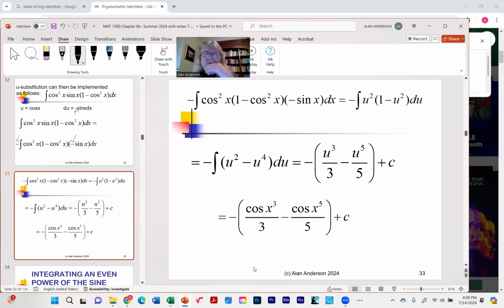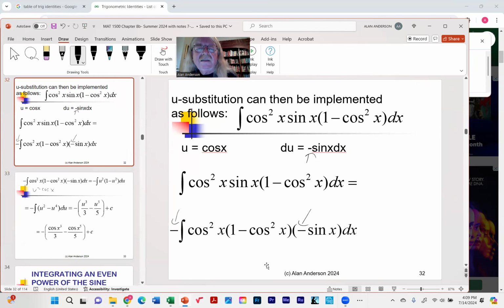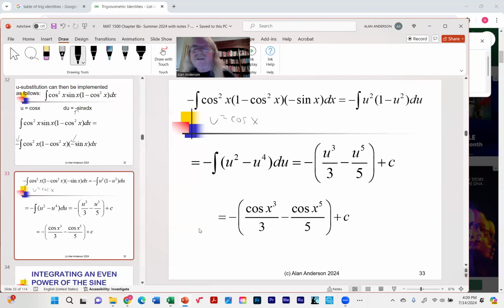What you've got is, remember, we chose u to be cosine x. du is negative sine x dx. So if you make some substitutions here, what do you actually have? u squared times 1 minus u squared, and then all of this is just du.